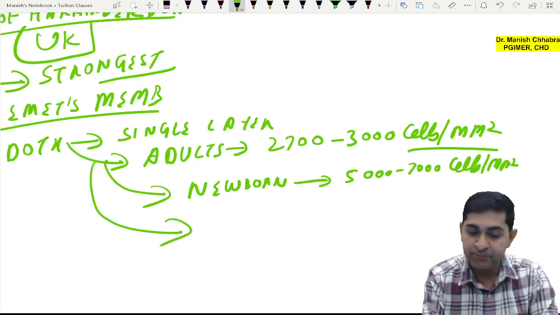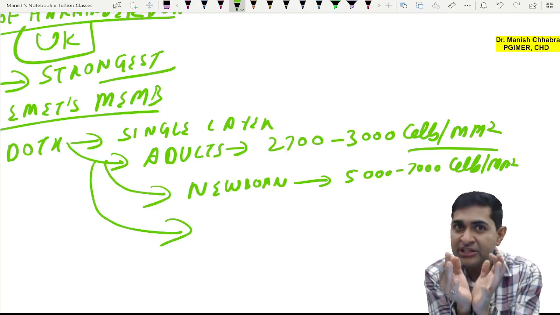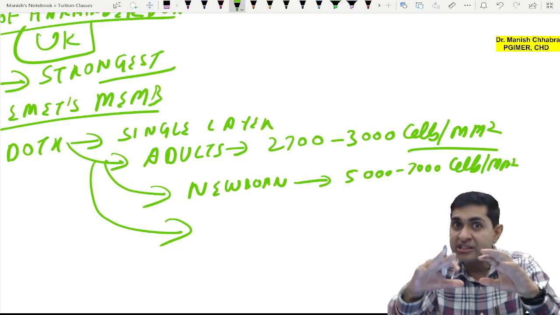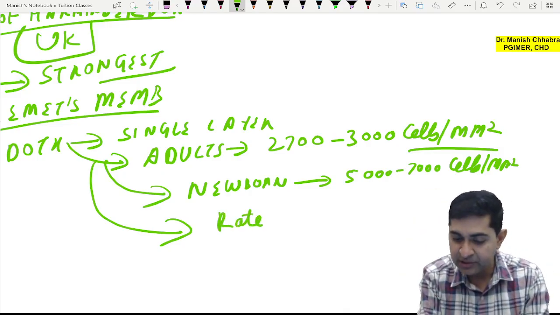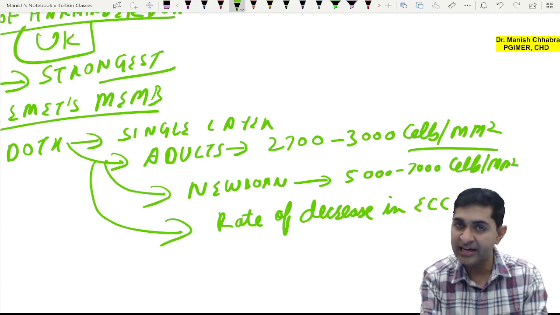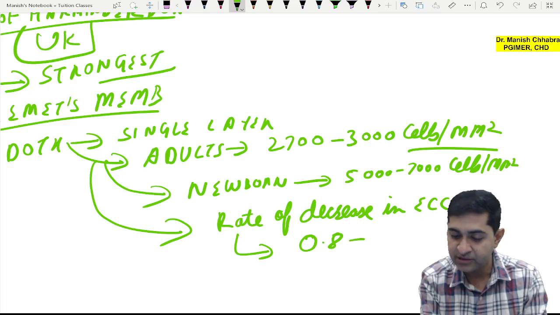Now another important point, the rate of decrease in endothelium is 0.8 to 1% per year. This is a physiological decrease. Please write with me, rate of decrease in ECC. I'll tell you what is ECC. It is 0.8 to 1% per year.